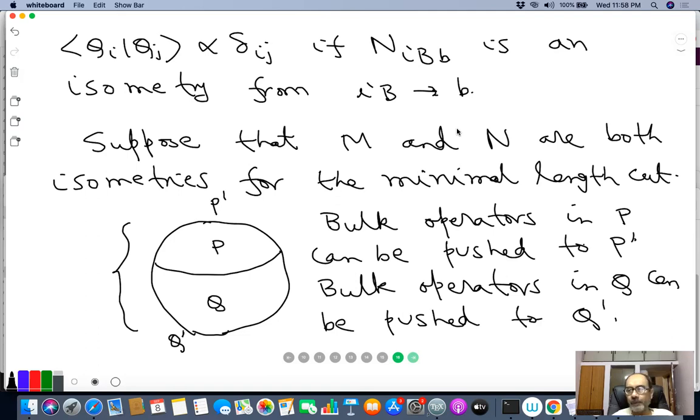So I'm going to stop here, and next time we will see to what extent we can actually prove that M and N are isometries. I have not so far said whether they are or not, but I have said that if they happen to be isometries, then both the RT formula holds, and this mapping from the causal wedge to the boundary also holds. So I think I'm going to stop here.